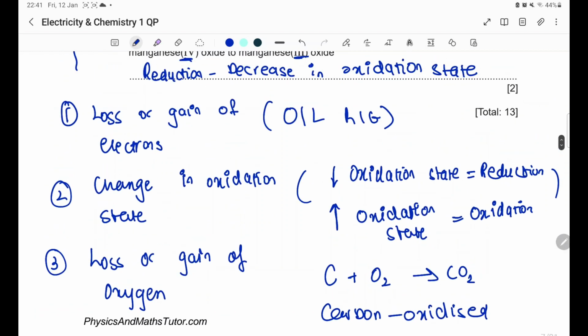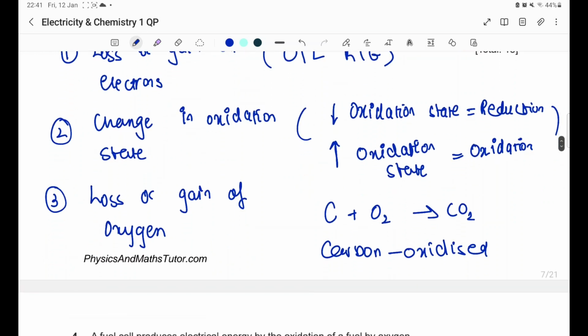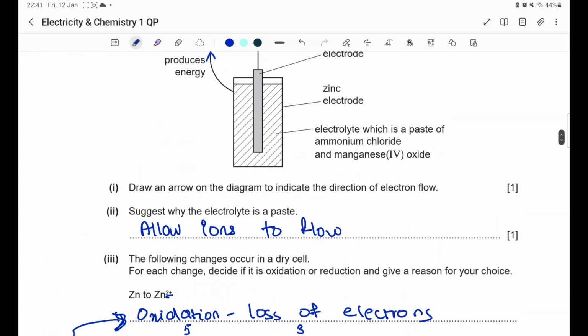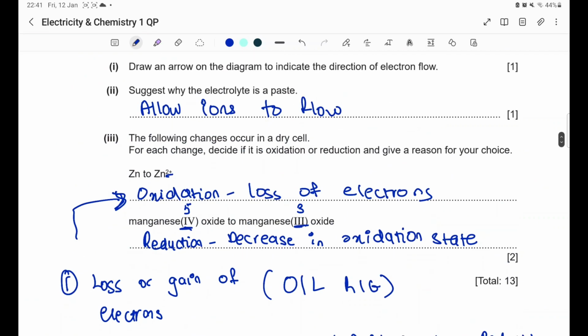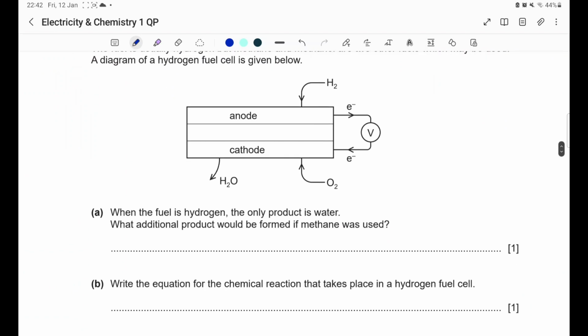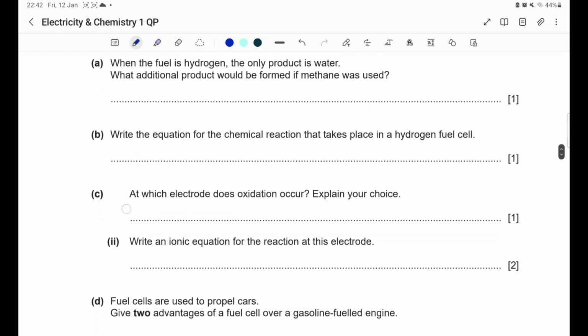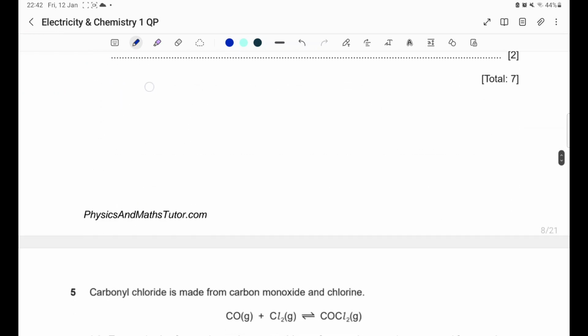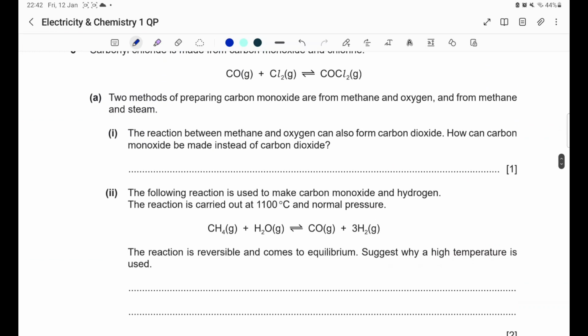So those are your 3 ways of determining oxidation or reduction. This is very important because your MCQs ask you to determine oxidation and reduction, and there have been many times where we had to determine that in the electrolysis questions, or write a reduction or oxidation equation.